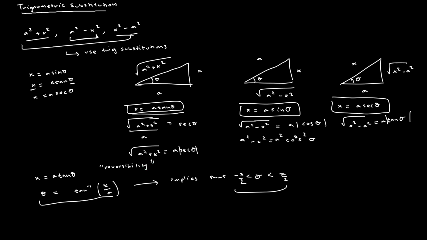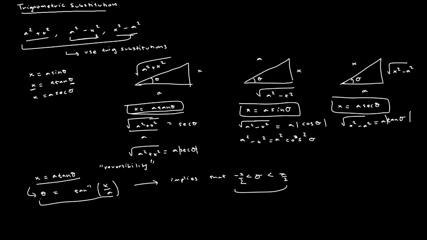And now that we have restricted our domain of theta to a specific part, we know that some other trigonometric functions can only be positive or negative within a domain. For example, cosine in this domain is always positive. And this is another fact that will help us down the line in solving integral problems once we have made the trig substitution.